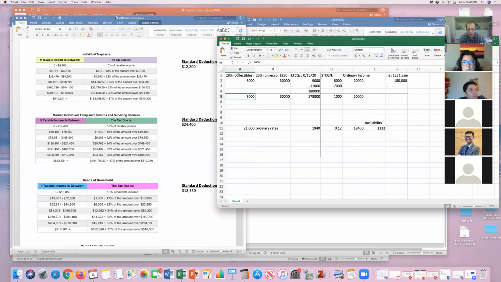These are always going to get taxed at whichever is smaller: the ordinary rate or 28%. Since they fit right here, I'm just going to tax them at 12%, which is the ordinary rate.